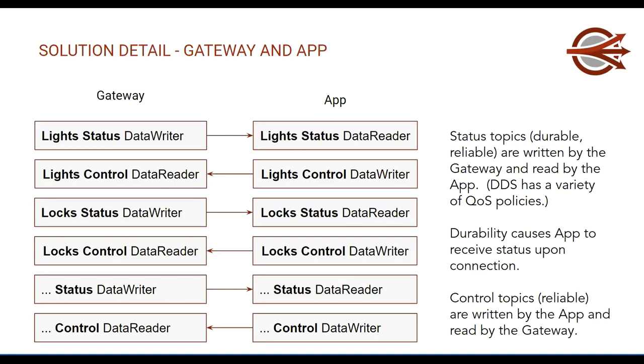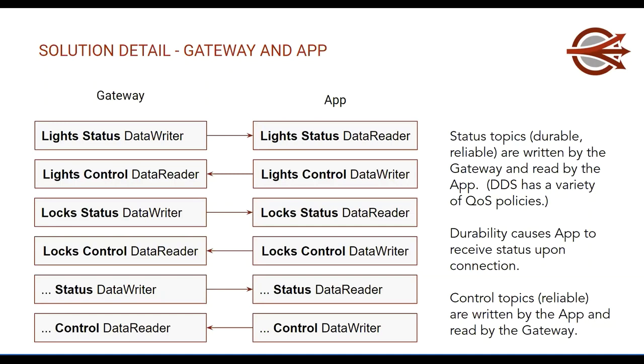Durability means that the current state is always available, so that whenever the application is started and connects to the gateway, it can receive the most up-to-date status for all of the devices, as opposed to waiting for some kind of periodic message to go out. Reliability means that it will keep trying to send the sample over and over again until the other side acknowledges receipt of that. For our control topics, we would just want them to be reliable.